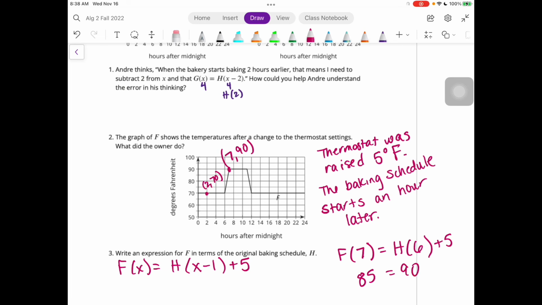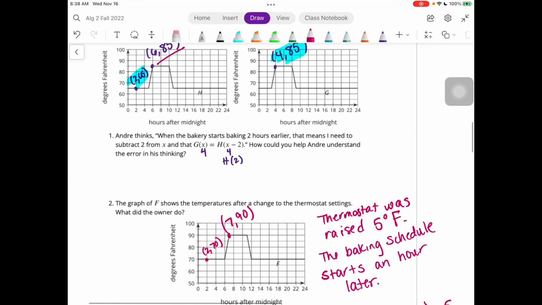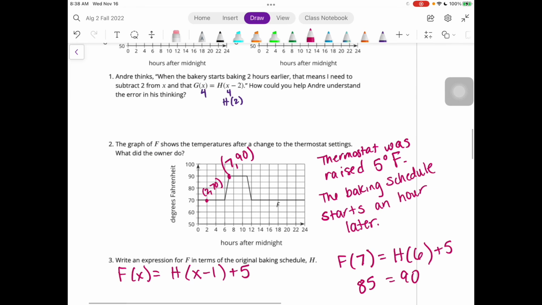So the ovens got turned on originally at 5, so the maximum temperature started at 6. That's where this 6 comes from, that maximum temperature. But then with the new changes, the maximum temperature is reached at 7 o'clock. So we're subtracting 1 for our x value, right? Because 7 minus 1 is equal to 6. If I plug in 7 here, 7 minus 1 is 6, okay?